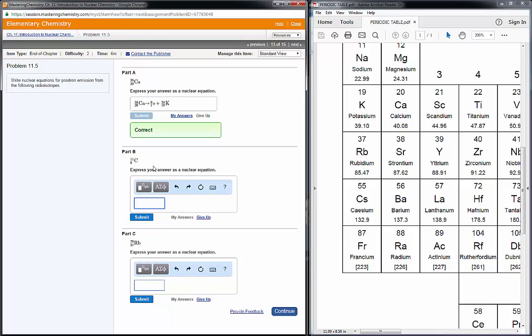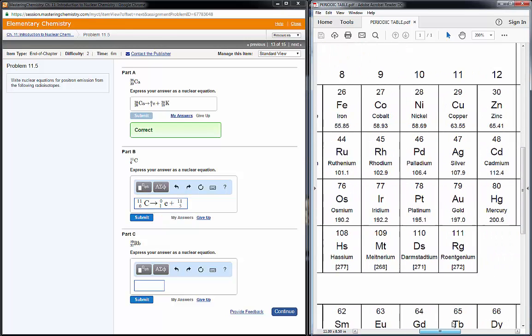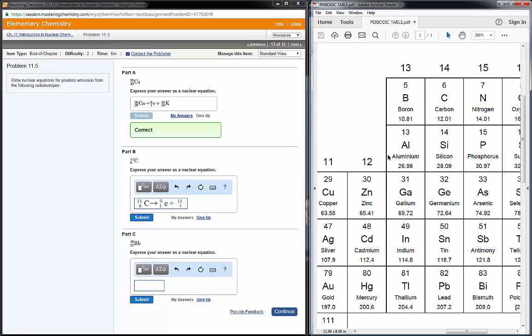If I'm doing positron emission from carbon 11, and I start with a mass of 11, 6 protons, that's carbon, there's my positron, 11 equals 0 plus 11, 6 equals 1 plus 5, element number 5 is boron.